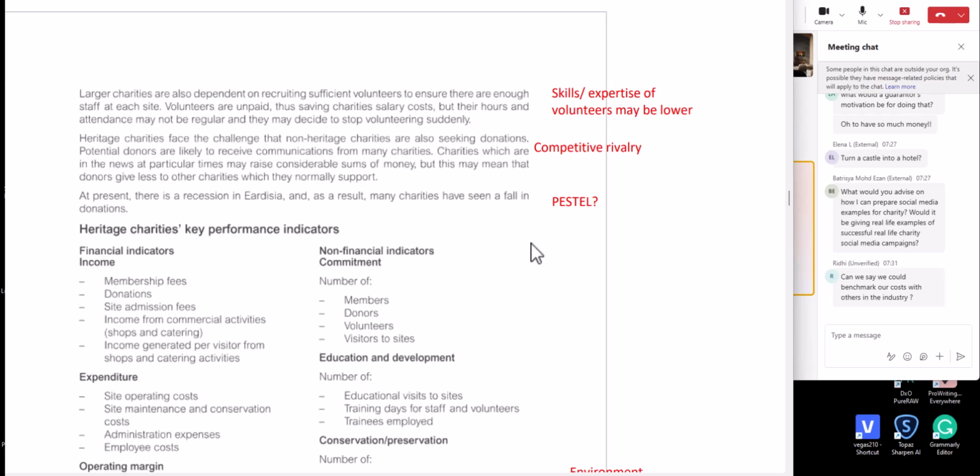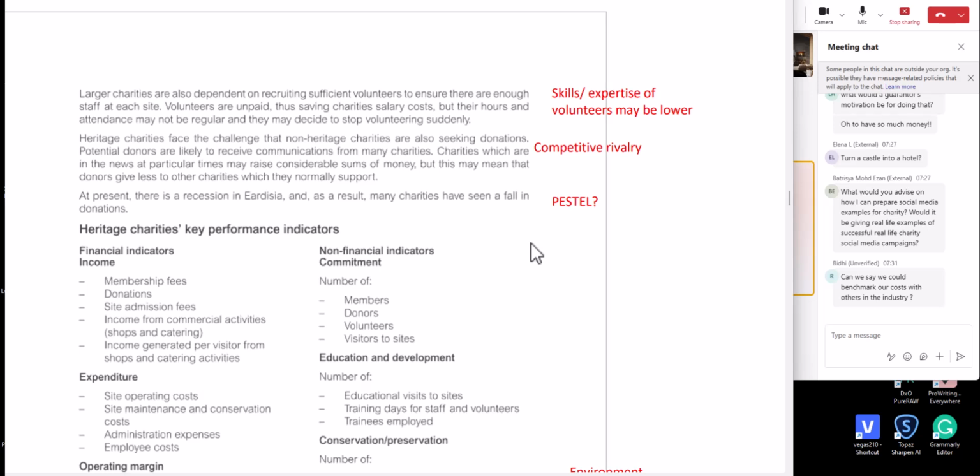an environment question. Actually, I was thinking about it: you've got your political, government regulation. You've got economic, recession, threat. You've got social trends in the market about people donating, more old people, fewer young people donating, social media. You've got technology, how technology is being used to engage.